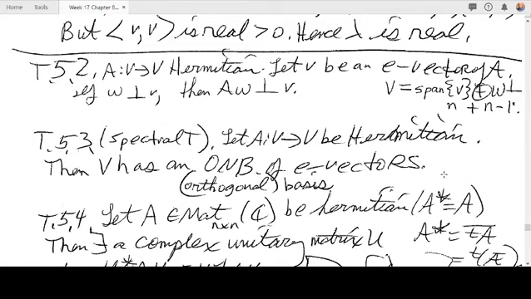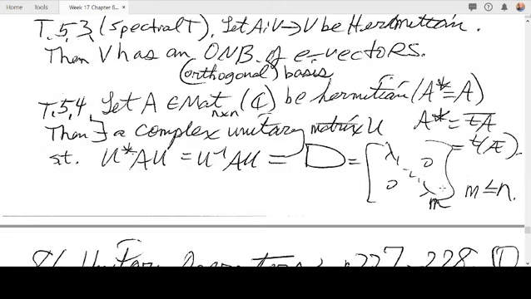So excuse my typo. But we have the spectral theorem for the Hermitian case. When A is a Hermitian operator, then V always has an orthonormal basis of eigenvectors.